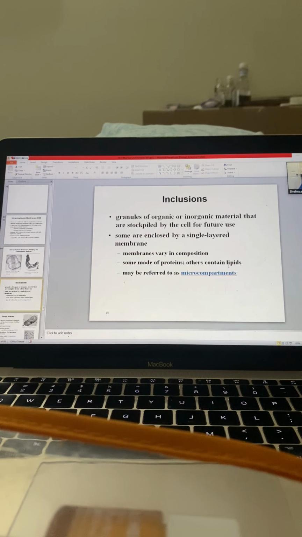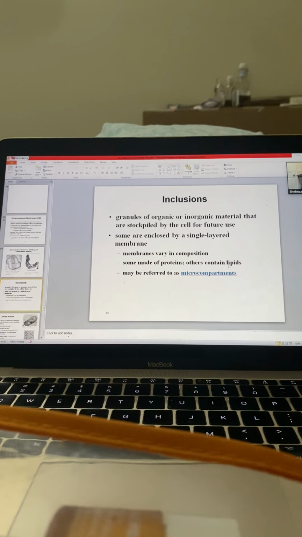We talk about inclusions in bacteria. Of course, inclusions are granules of organic or inorganic material, which the cell is saving for later use when it is going to be starved for those compounds. So storage is done in inclusions. And some of these inclusions have a single layered membrane around them.